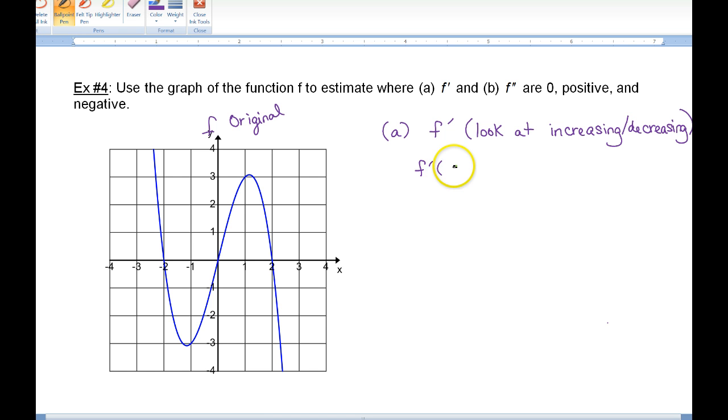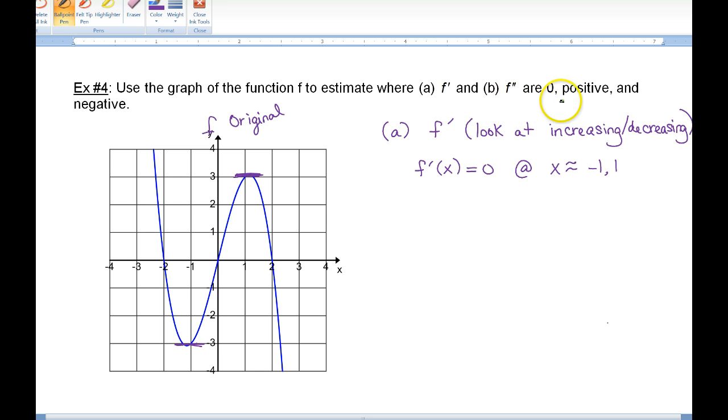Let's look at where f prime is equal to 0. We can see that there's going to be a horizontal tangent about here. Again, we're approximating. It's not right at 1. It's maybe 1.2 or negative 1.2. To make it easier, we'll say that x is approximately -1, and at 1 we have horizontal tangents.